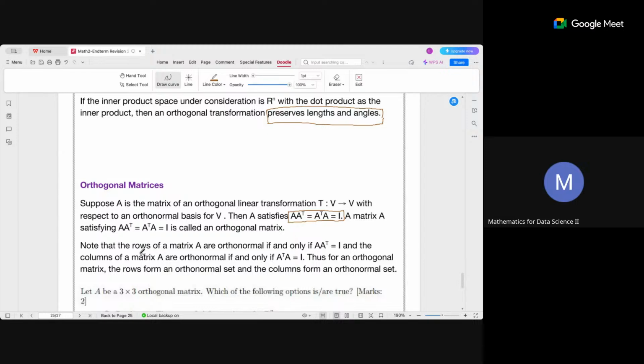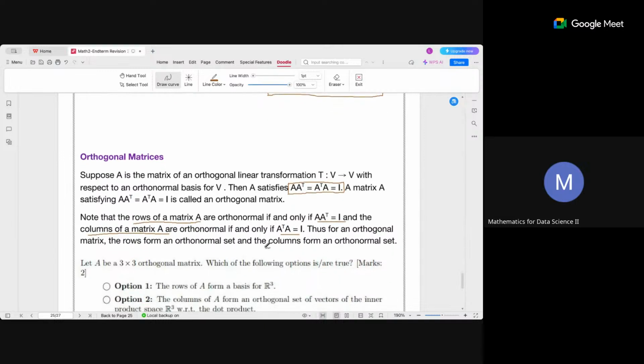If the rows of a matrix are orthonormal, then you get this condition, and if the columns are orthonormal, then you get this condition. For an orthogonal matrix you have both conditions satisfied, because both the rows and the columns form an orthonormal set. This is again an important property of orthogonal matrices.